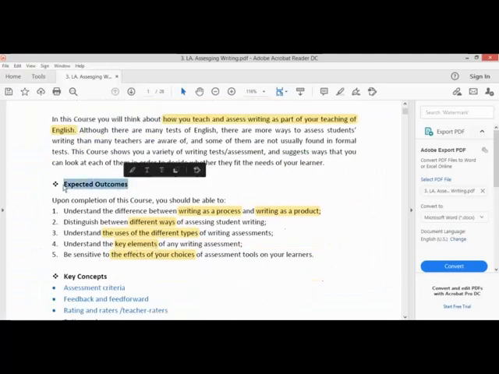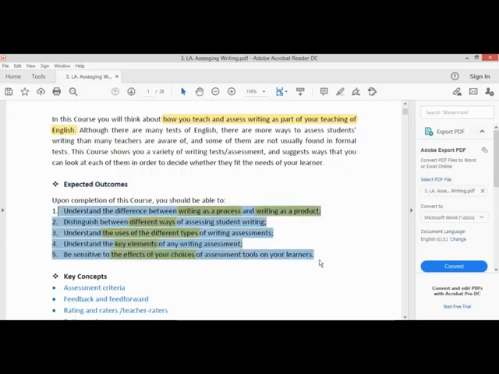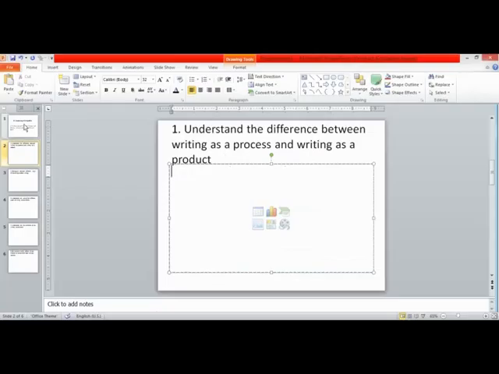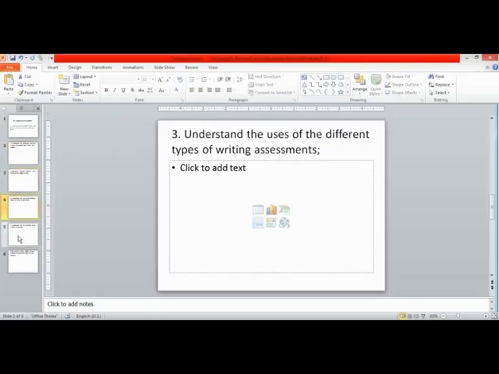The expected outcome here is directed for teachers, or for before you become a teacher. It is divided into 5 topics for writing, and every topic I make in one slide. So your job here is to explain each type.